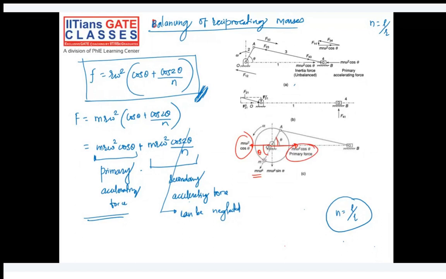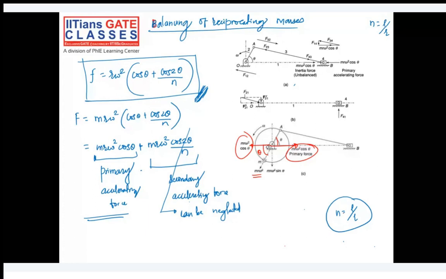Are you following it till this? Look at figure number C here. We have the same reciprocating mechanism here, but a counter mass of m we are attaching at a distance r. The horizontal component of it is m r omega square cos theta, as I have shown, and that is in the opposite direction to our inertia force.